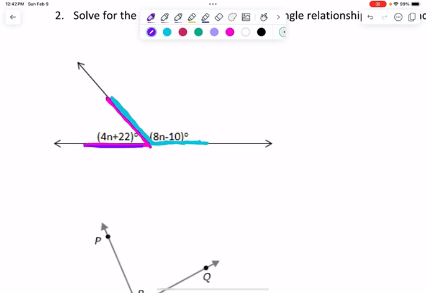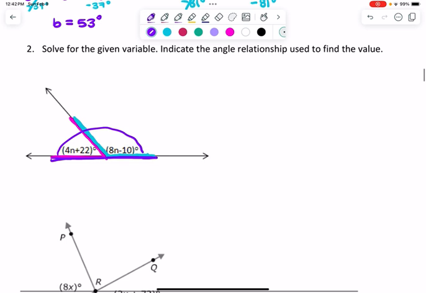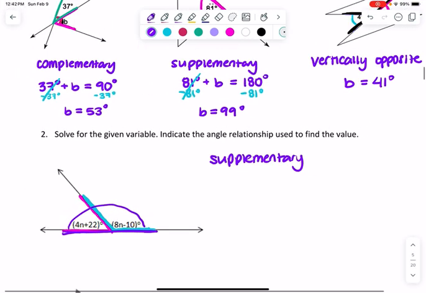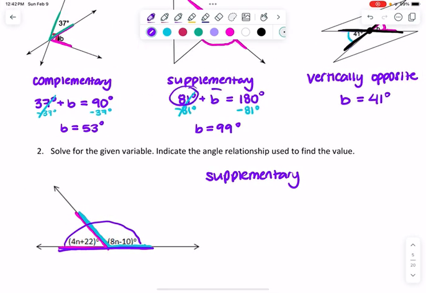Well, I can see that together they form a straight line, which means those are going to add to 180, which means I have supplementary angles. And I know that supplementary angles add to 180 degrees. So just as before, I wrote what my two supplementary angles were.